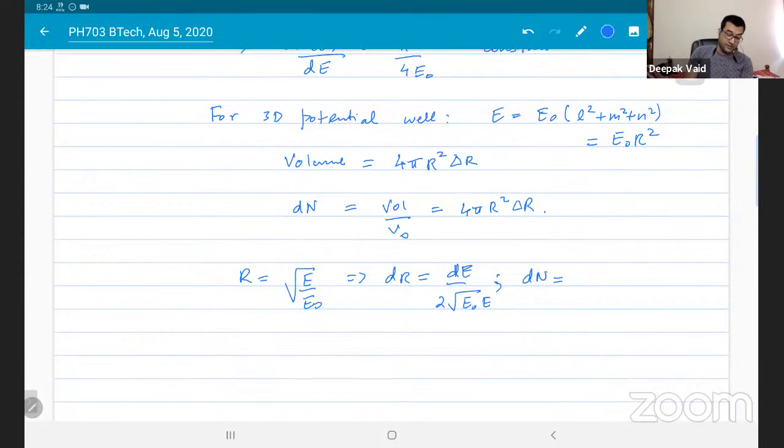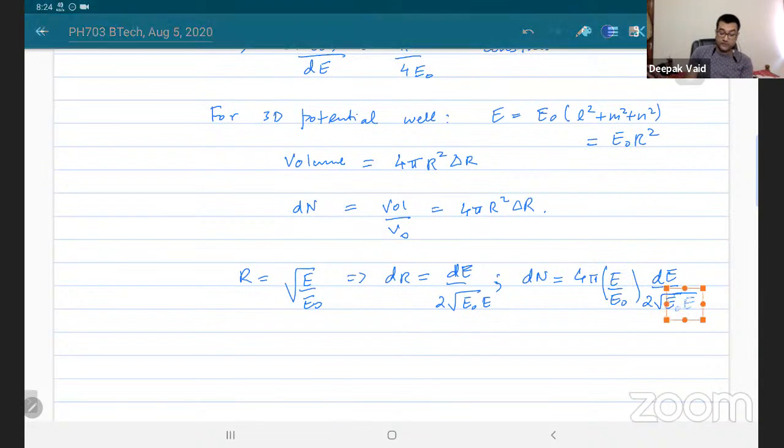And so dN becomes 4 pi R squared. R squared is E by E naught. And dR becomes dE by 2 root E naught E. Right, now you see that there is a factor of E in the numerator and a factor of root E in the denominator. So the E does not cancel out.